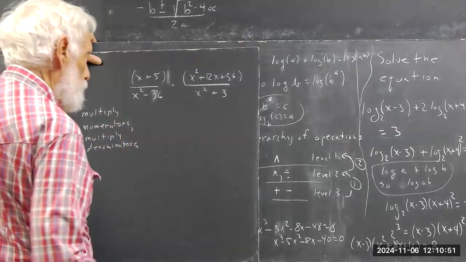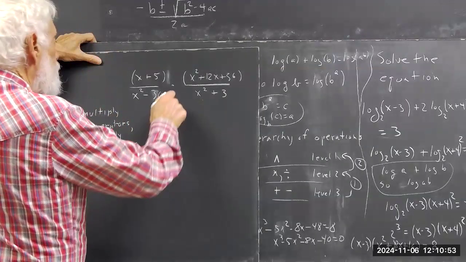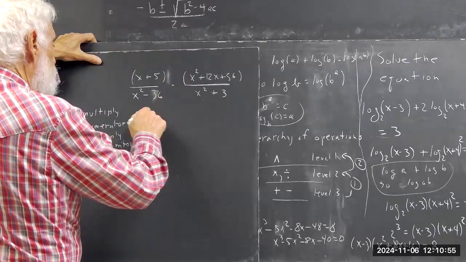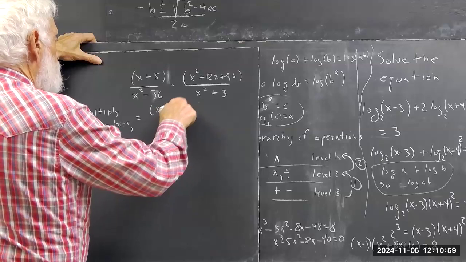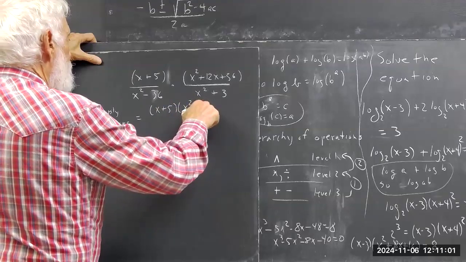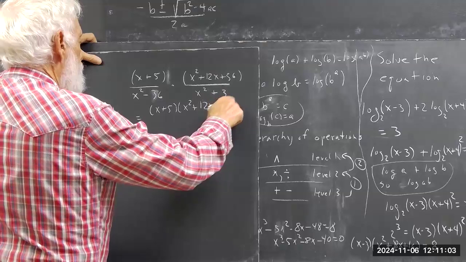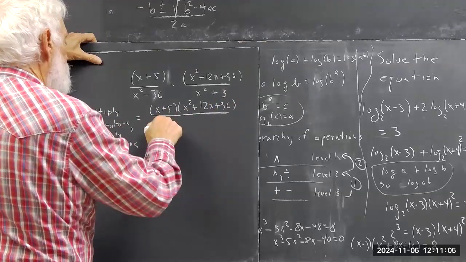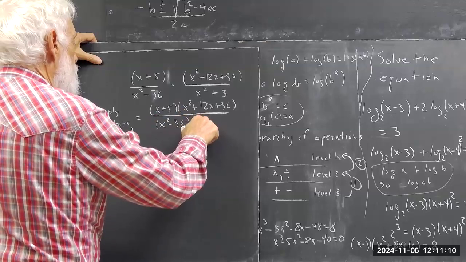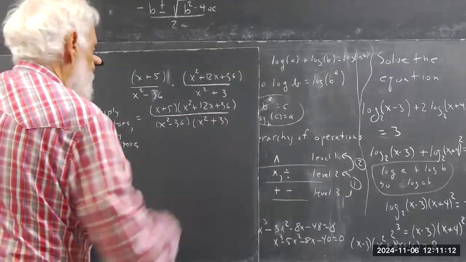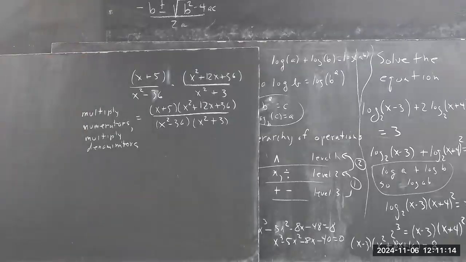Okay, we multiply numerators and we multiply denominators. So it's very simple. We get this.